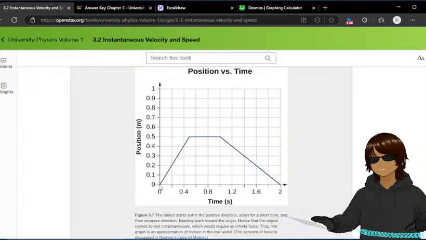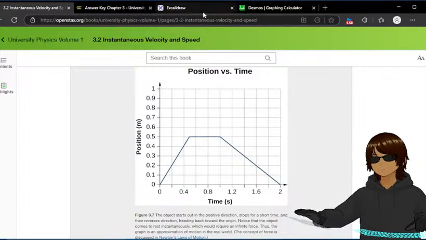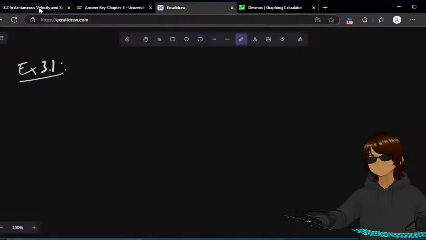So the position increases like this. So what is this? 0.4 divided by 0.4. So this is 1, right? So we have 1 meter per second. Should write it here.